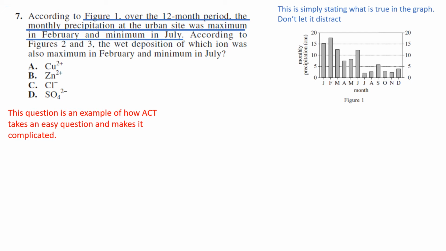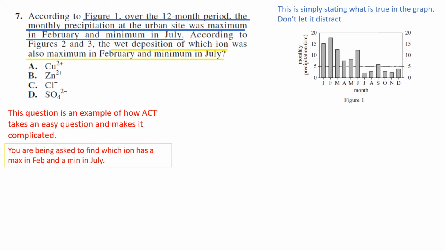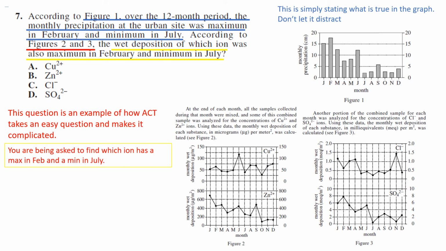All that's saying is, hey, this is true. What you're really looking for is the wet deposition of which ion was also maximum in February and minimum in July. So you're being asked which ion has a maximum in February, minimum in July, using figures 2 and 3. That's an easy question. If they just said that, super easy. They make it harder though. So let's try to break it down.